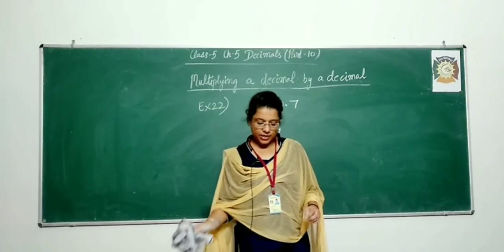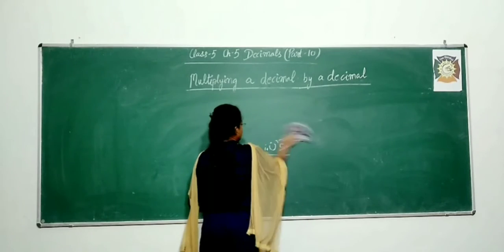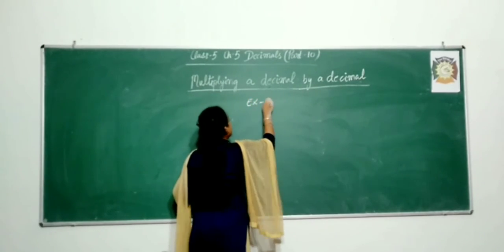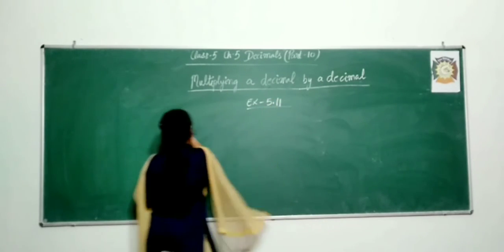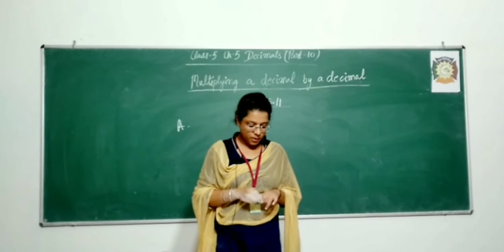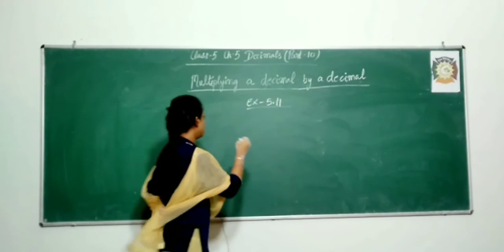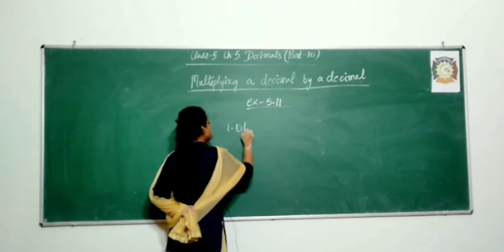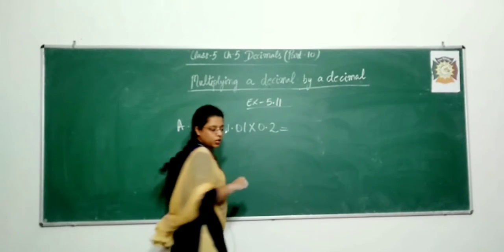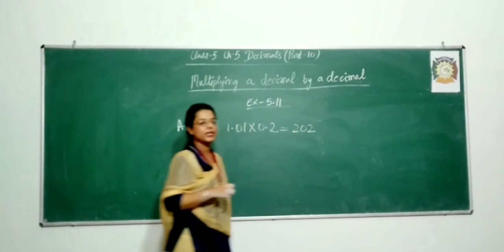Let's do some more parts for multiplication of decimal with a decimal. Directly I am moving to exercise 5.11 now. In which a part is put a decimal point in the correct place in the given product. 101 into 2 is given to be equal to 202, and we have to place the decimal point at the correct position.